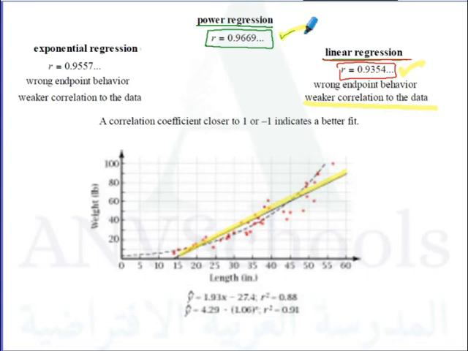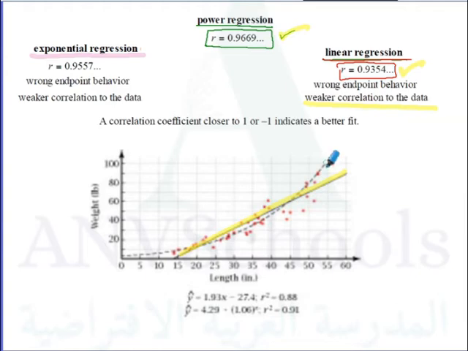Now we have another choice, and that choice is exponential regression. As you can see, these points seem to point to an exponential line. So let us trace that.